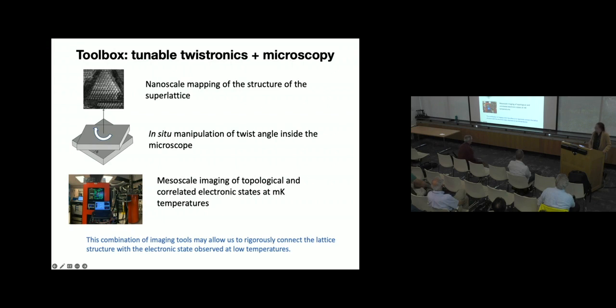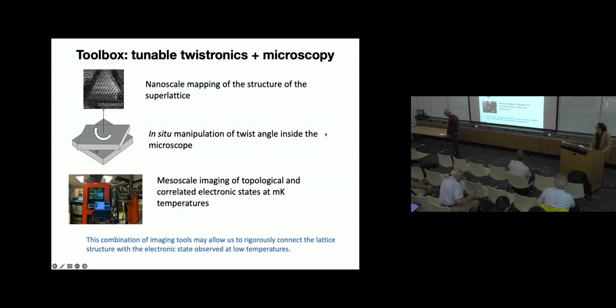So in summary, we've tried to put together a toolbox of complementary microscopy probes that allow us to combine tunable twistronics with imaging. These are the three tools that we have in our toolbox. The first is high-resolution nanoscale mapping of the spatial structure of the superlattice, which we do with piezo response force microscopy.